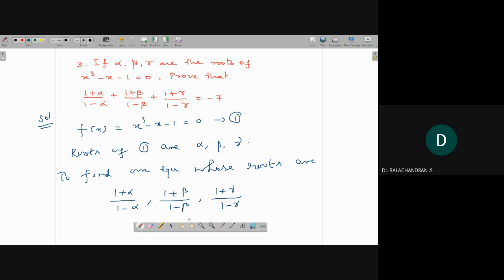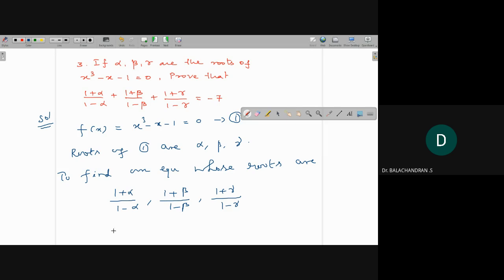Now here, let us take. Usually we'll take what? y equal to. The first problem y equal to 10x. The second problem y equal to x square. So in this problem y equal to what?